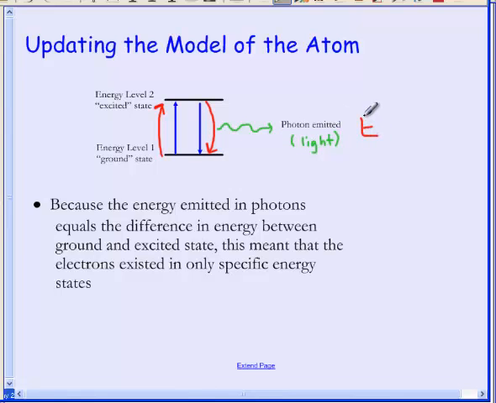That's the photon, and we can measure that energy because of that equation. And so what's the big deal? That's the question here. Well, because we can measure that energy and that the lines in the line emission spectra were always at certain colors or frequencies, then that means that the electrons were only existing in specific energy levels.